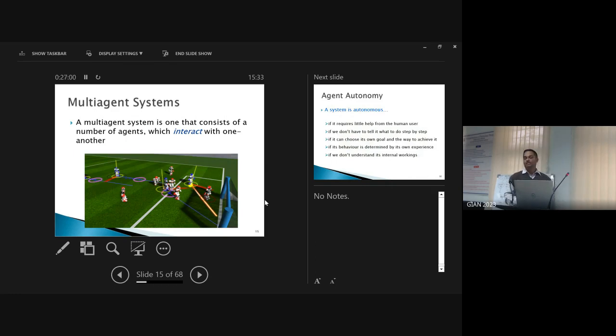Next, the multi-agent system. When one agent is not sufficient to complete a task, it may form a group of agents working together. The example can be a soccer player, a football player, where a single player is not sufficient to compete with an entire team.